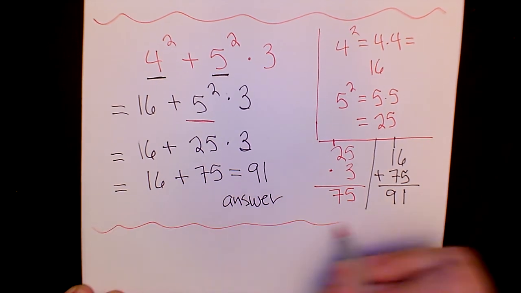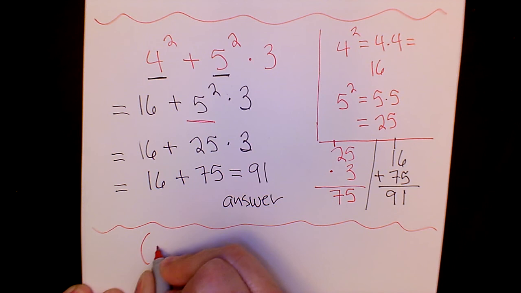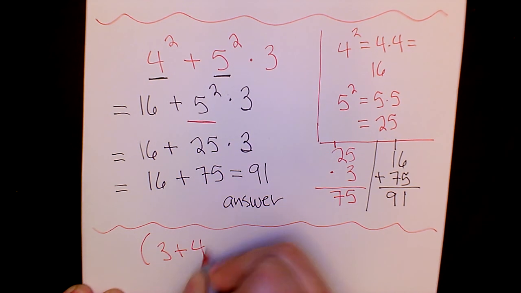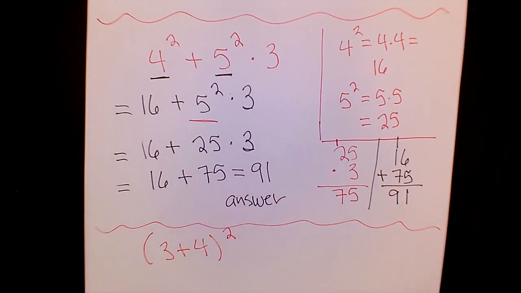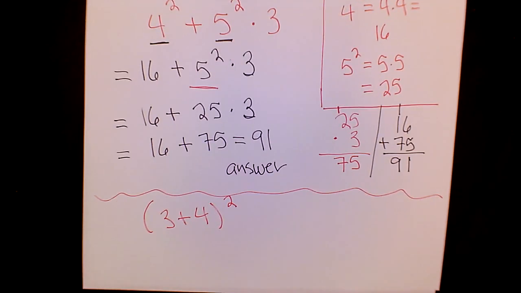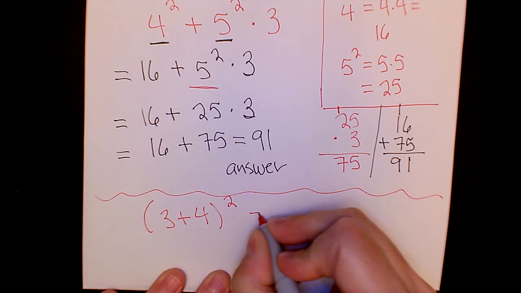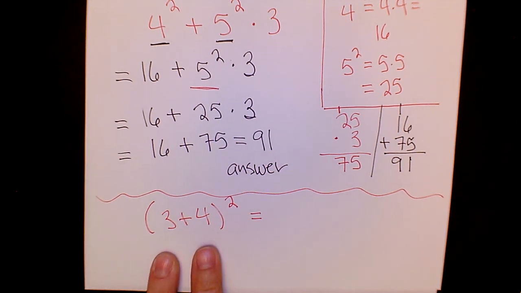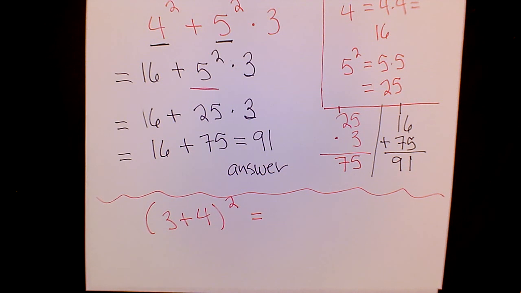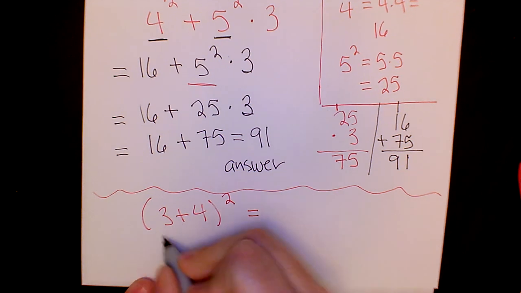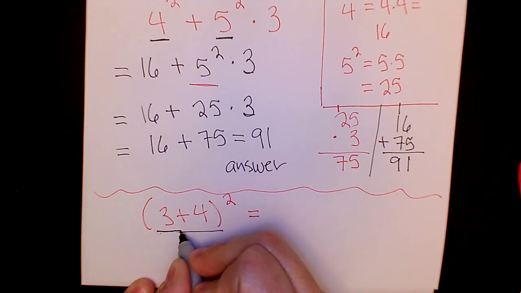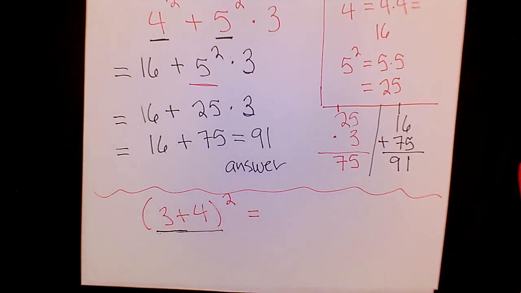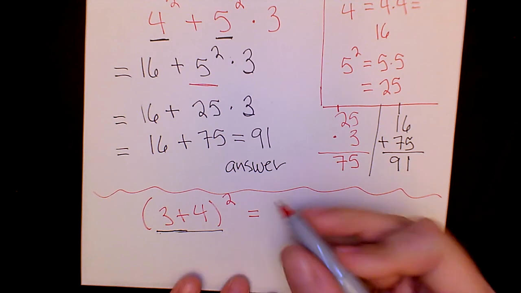And I'm going to do just one more. What if you had something like that? Well, we're going to do the parentheses first, because that's according to PEMDAS. So we're going to do the 3 plus 4, because that's inside the parentheses. We're going to do that first. And 3 plus 4 is 7.